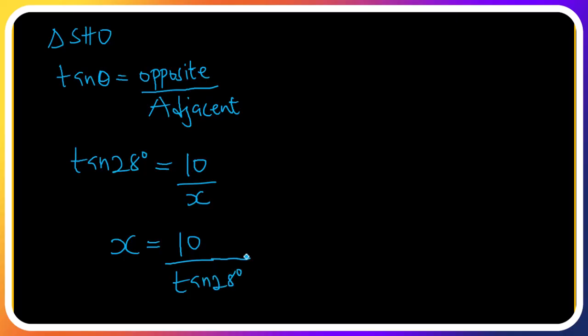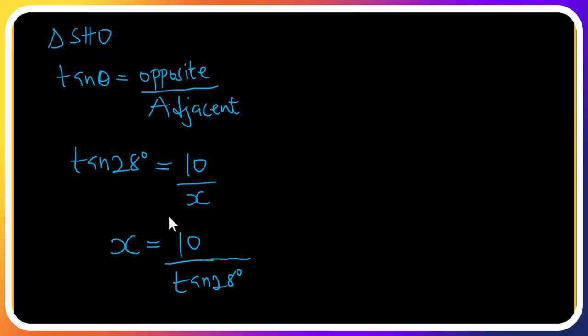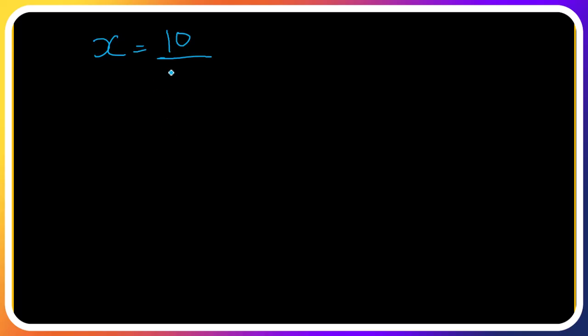Computing this on the calculator, X equals 10 over tan 28 degrees. The calculator gives 0.5317094. It's a lot of decimals, but the least we should keep is 4 decimal places.